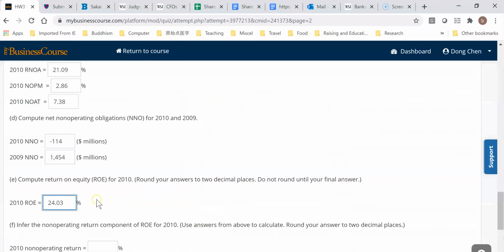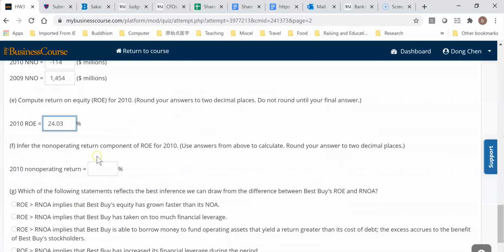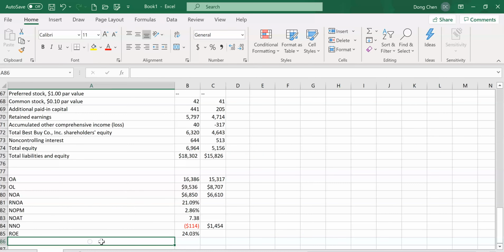Now infer the non-operating return component of ROE for 2010. Use answers from above to calculate. Round the answer to 2 decimal places. So far the job we are doing here is to decompose the balance sheet and income statement into the operating and non-operating items.